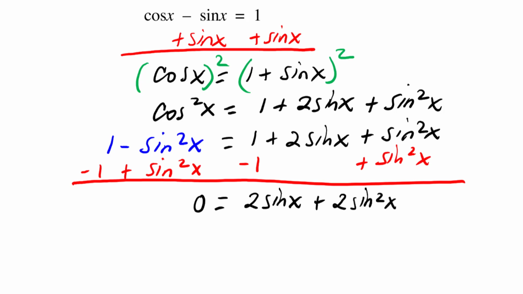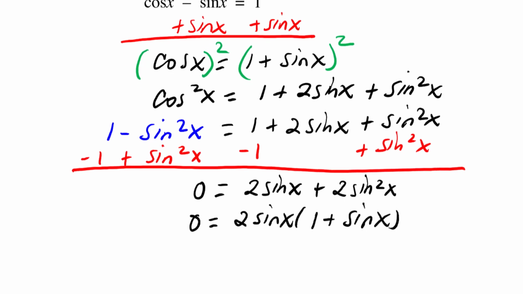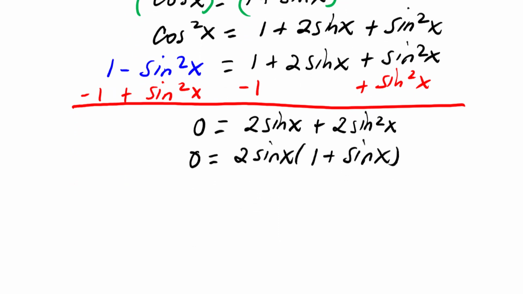And on the right side, we can factor out a 2 and a sine x. And we're left with 1 plus sine x. So that means that each of those factors could equal 0. 2 sine x equals 0, or 1 plus sine x equals 0.